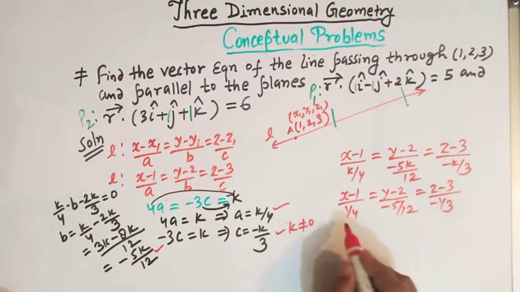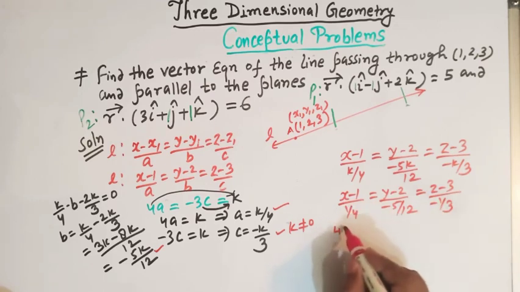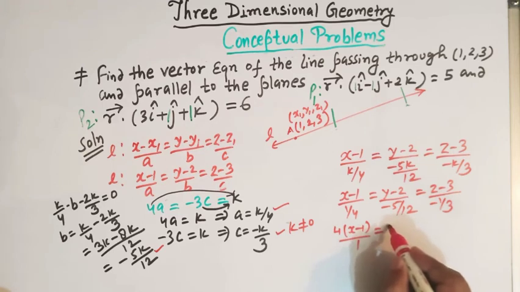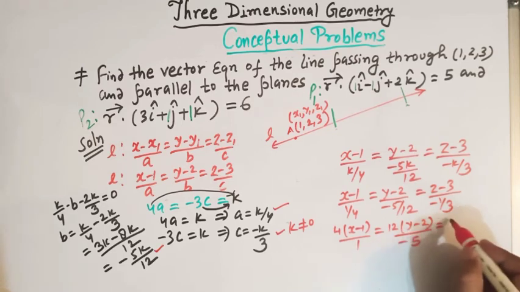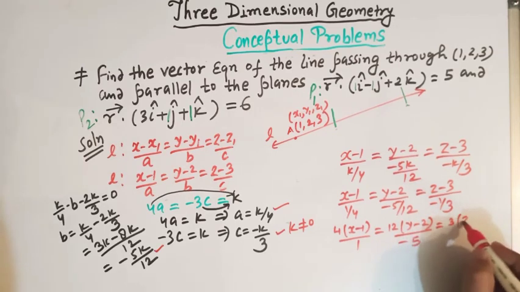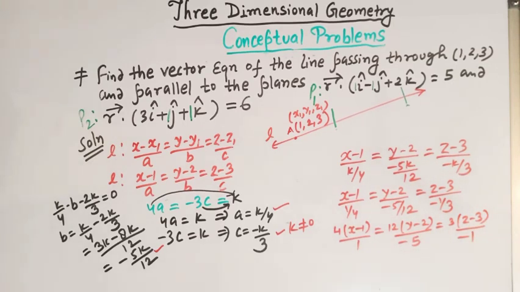Now we can write this equation in the form 4 times (x minus 1) by 1, this is 12 times (y minus 2) divided by minus 5, and this is 3 times (z minus 3) divided by minus 1, right?